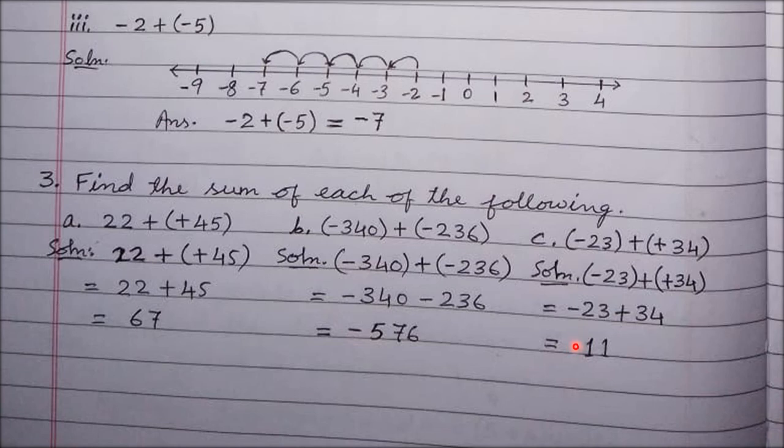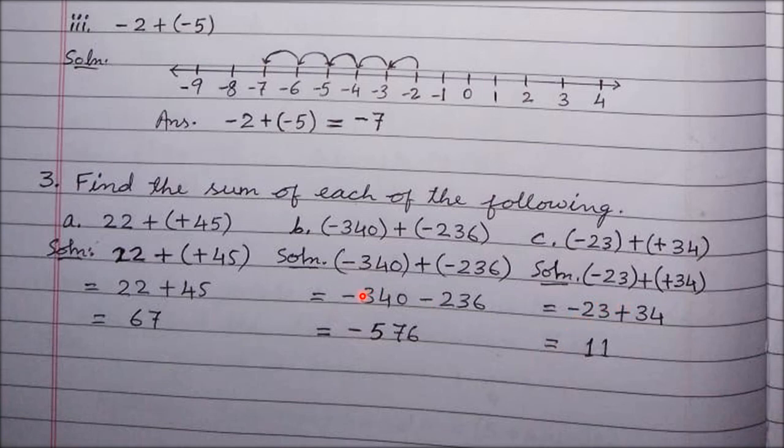Positive means no sign. So here we saw when one is negative and the other is positive, we have to subtract always. Whether the first is positive and the second negative, or the first negative and the second positive, in all these cases we'll have to subtract.